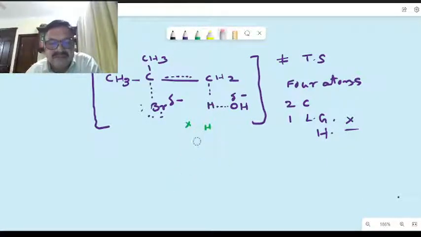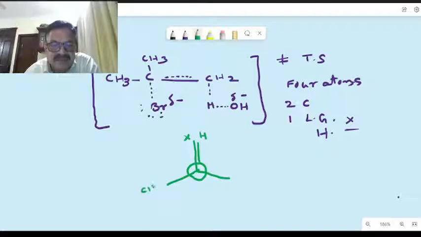I'll just draw it again. Outer carbon. What I want to show you is this eclipsed conformation, how it is getting eclipsed here. This is our X and this is our H here. Here we can say this methyl group, CH3, whatever it is, and here this is hydrogen.